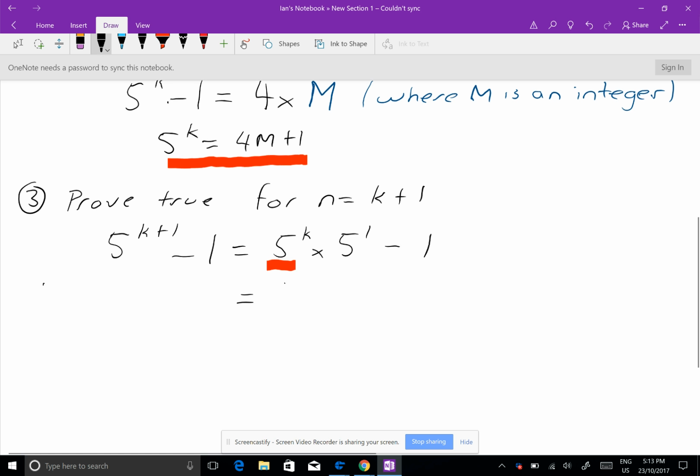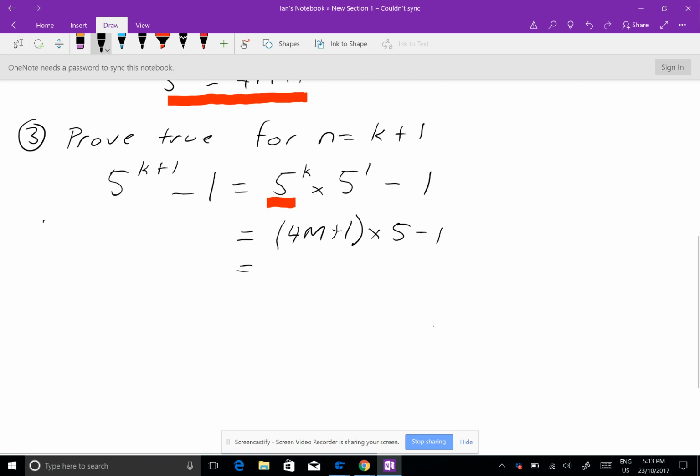So I'm going to get 4m plus 1 times 5 minus 1, which equals 5 times 4m. I'm not going to write 20m because in a minute I'm going to factorise the 4 out. Plus 5 minus 1, which gives me 5 times 4m plus 4.